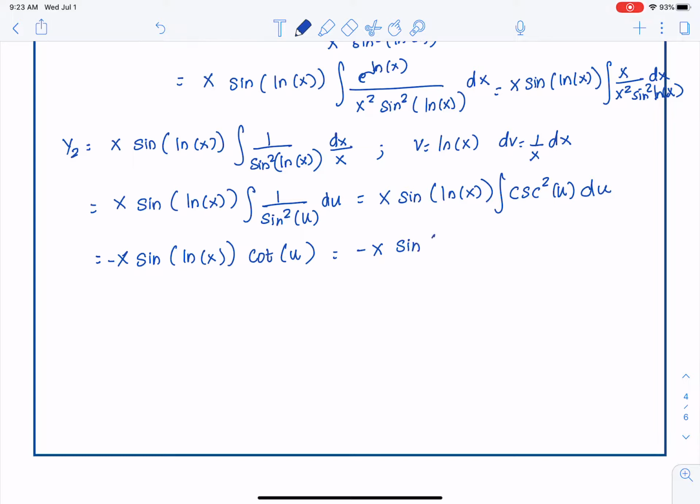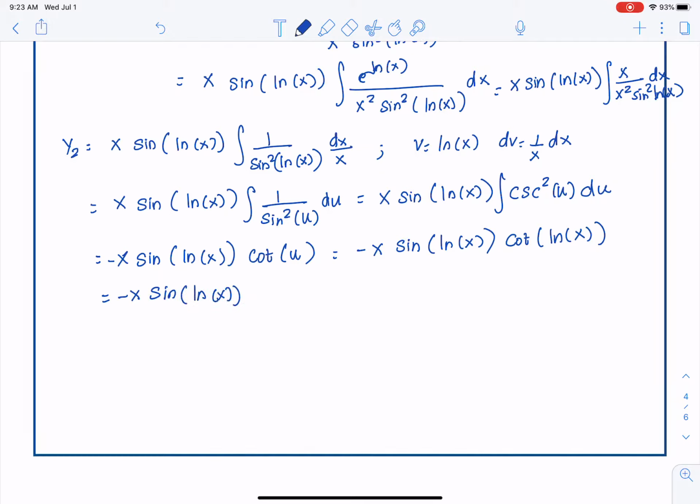Plugging cotangent v back in terms of ln of x, we would have x times sine ln of x times negative cotangent of ln of x.